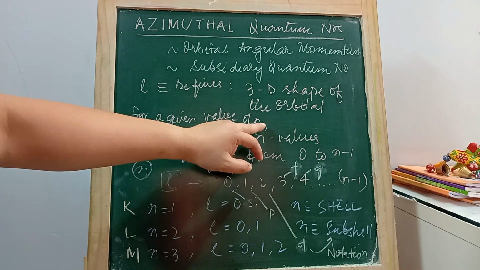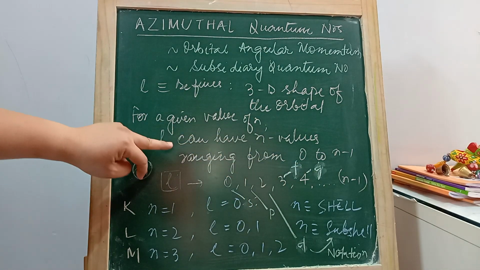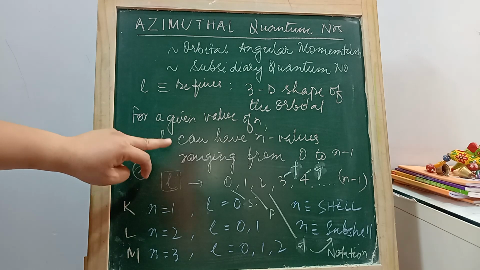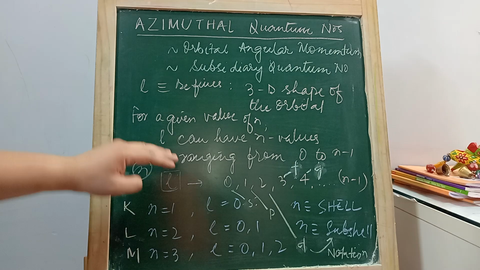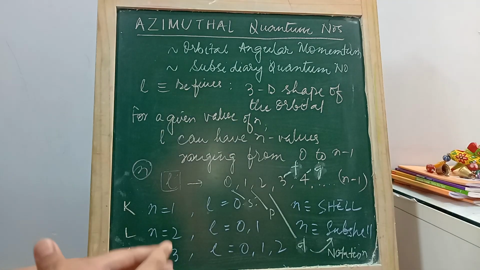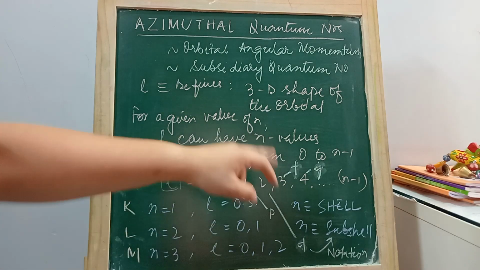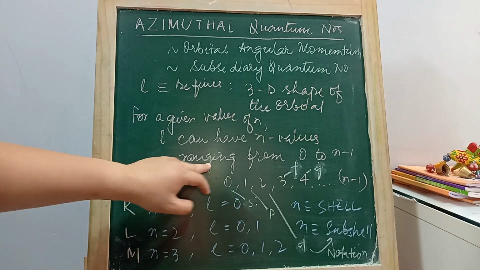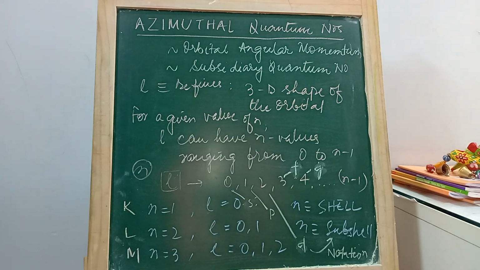The value of the azimuthal quantum number is dependent on the value of the principal quantum number. And how many values of l are possible for a given value of n? n values are possible. And what does it mean? Ranging from 0 to n minus 1.